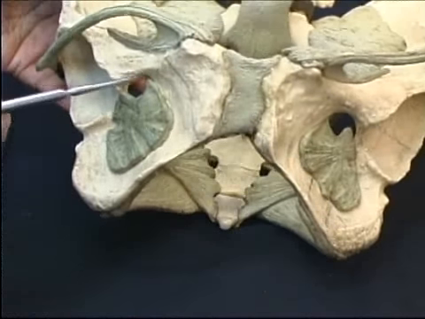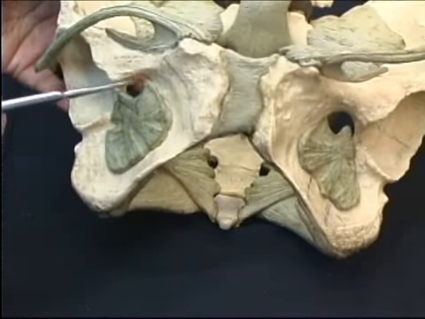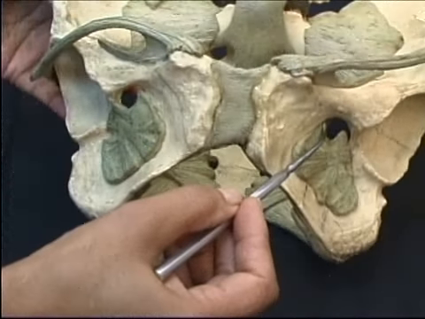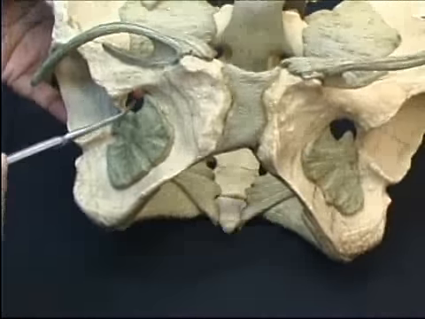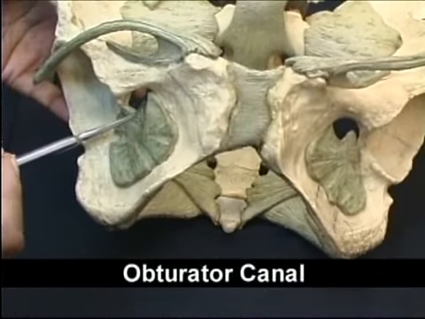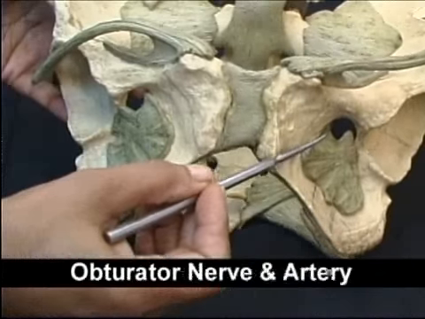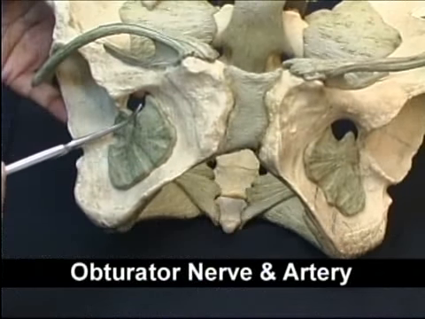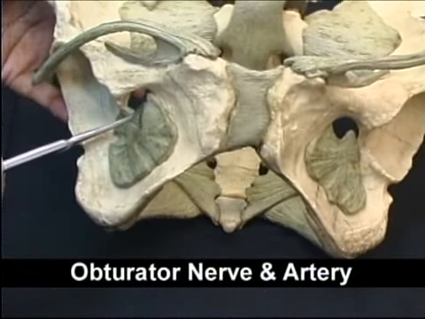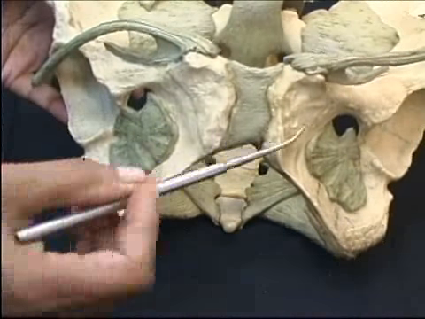On the superior aspect of the obturator membrane, there is a small opening on each side. This is where the obturator canal is positioned. Through these openings, the obturator nerve and the obturator artery leave the pelvis and enter the medial aspect of thigh.